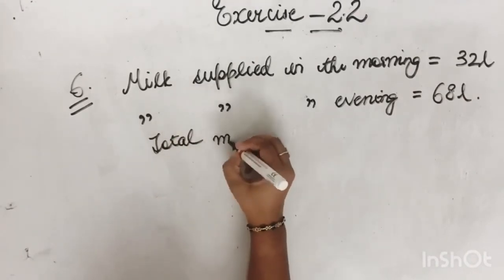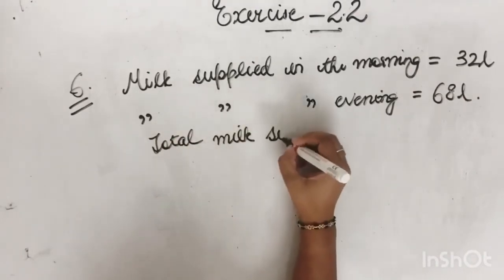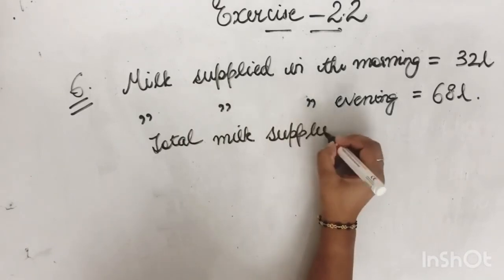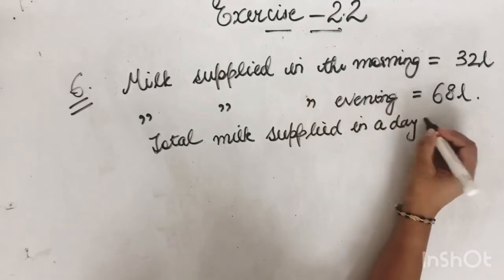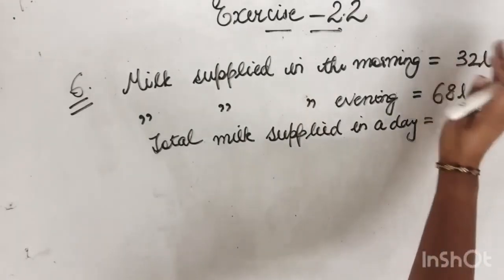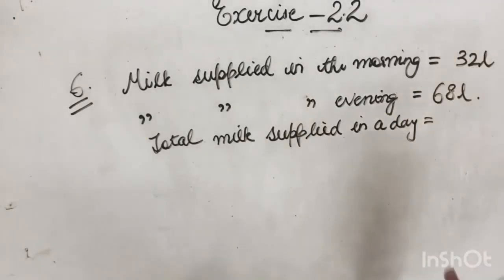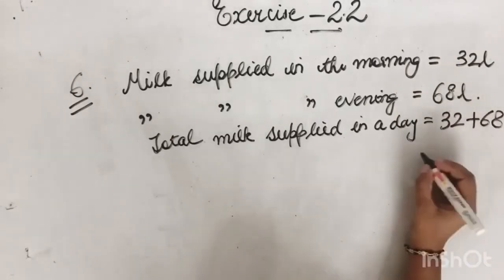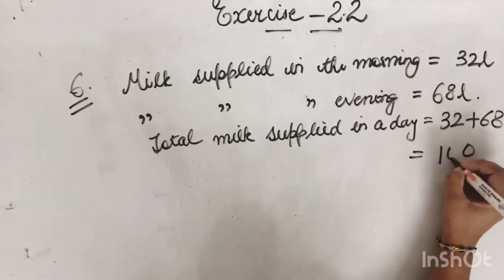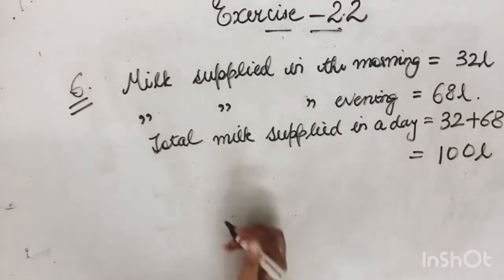Total milk supplied in a day is equal to the sum of the morning and evening quantities, 32 plus 68, 100 liters.